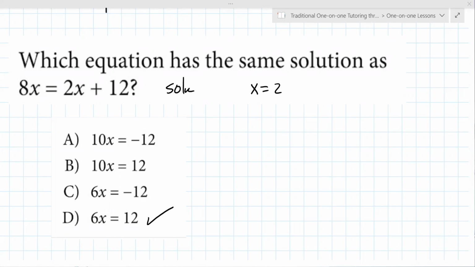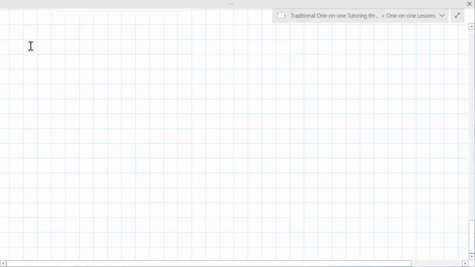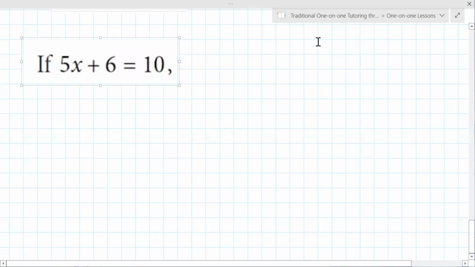All right. So we're going to look at this problem in pieces again, just like the last one. That'll help you to sort of decode what to do. I want you to solve this for X, please.